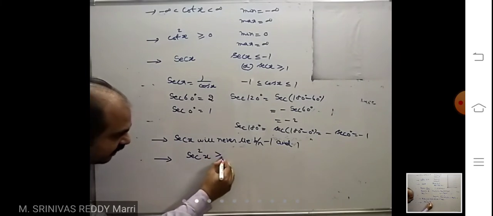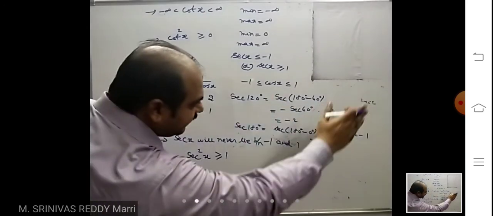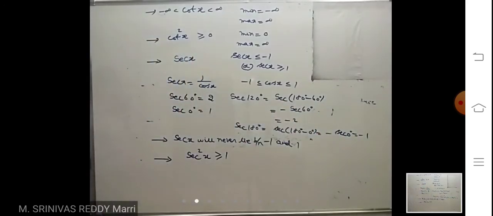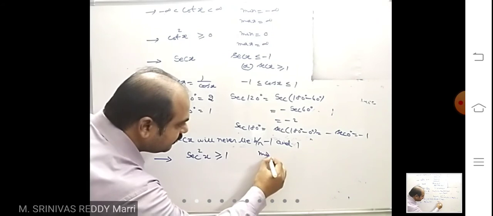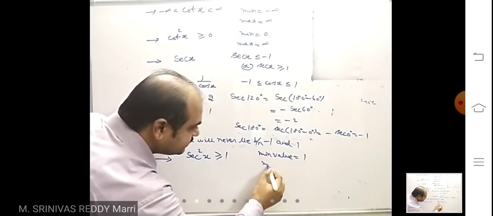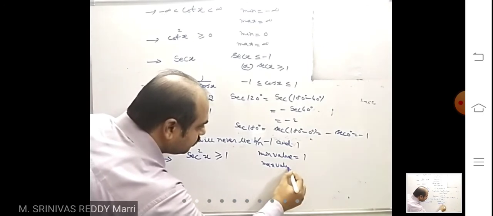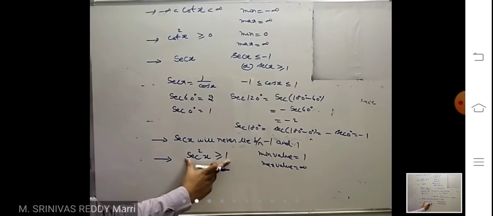Secant square x will always be greater than or equal to 1, because all the negative values will also become positive values if you square. So minimum value is 1, maximum value you will get is infinity. So minimum value equal to 1, maximum value equal to infinity. Secant square x will always be greater than or equal to 1.